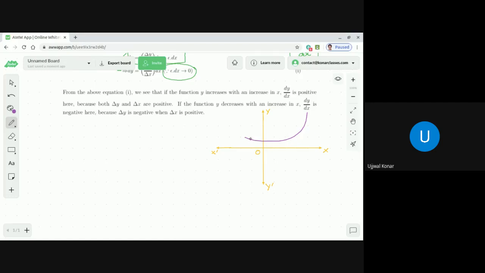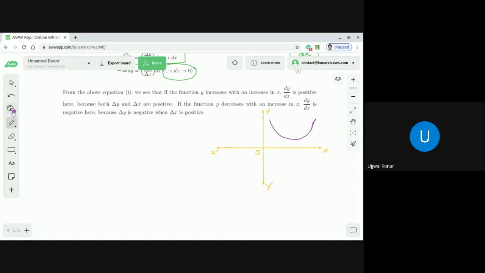Let me first complete drawing the curve. Or let me draw it in a more practical manner. Suppose this is our curve.